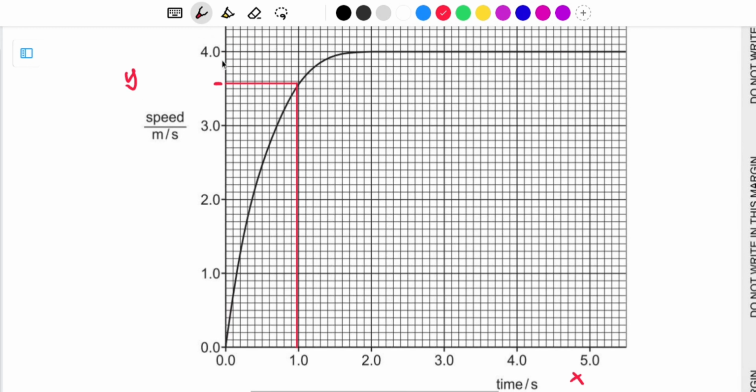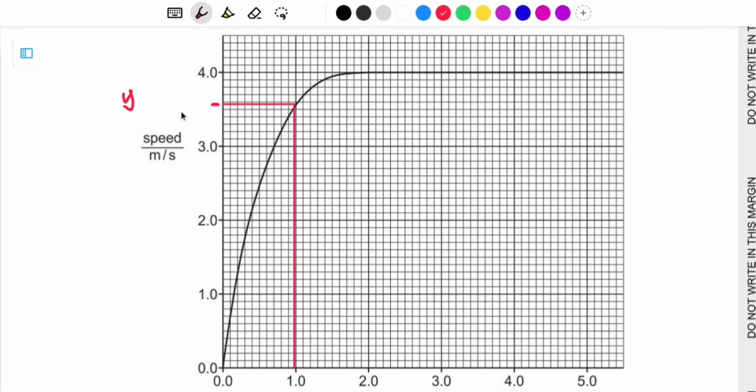But for us to know this value, we have to know how they are counting these lines. If I count from 0 up to this point here, that is 1. From here up to that is 1. So each big box is representing 1 unit.